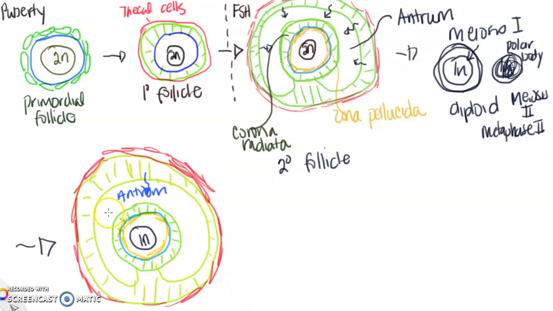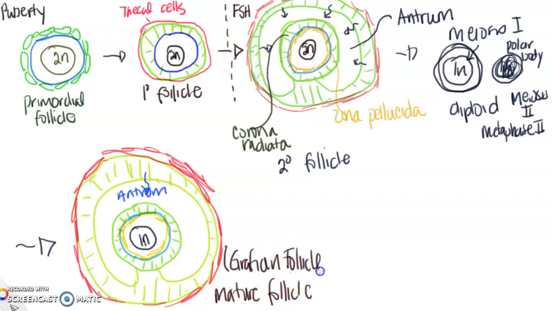All right, so now we have a mature follicle, or Graafian follicle, which I think I spelled wrong, sorry. So we have this Graafian follicle. There's lots of fluid in the antrum.